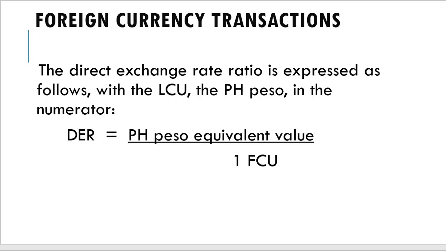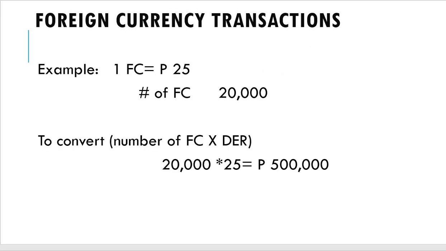So the direct exchange rate ratio is expressed as the Philippine peso equivalent value over one foreign currency unit. For example, let's say one foreign currency is equal to 25 pesos, meaning it costs us 25 pesos to acquire one foreign currency.